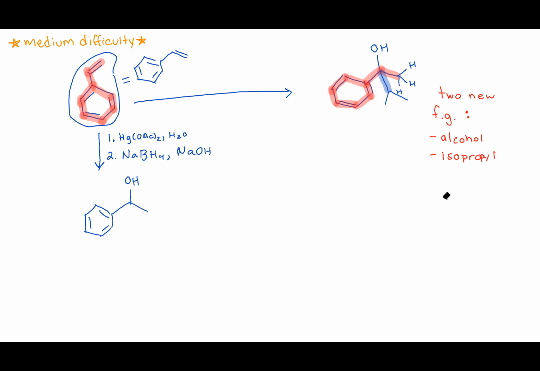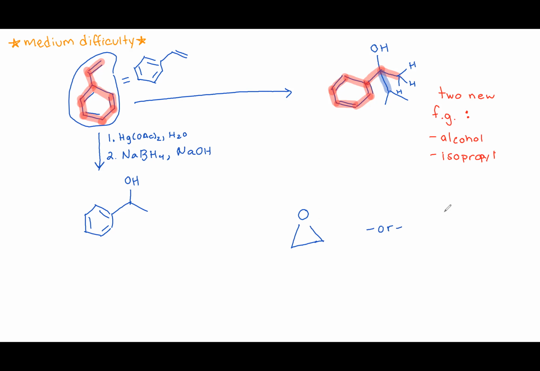Yes, so we want to look at the carbons, where that new carbon-carbon bond is formed. And I can explain that a little bit. I think that it would be beneficial for those of you who don't understand this yet.